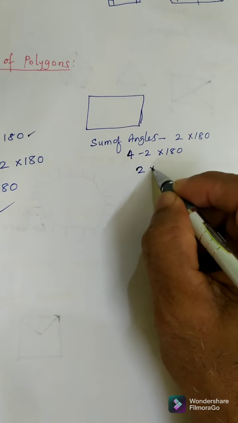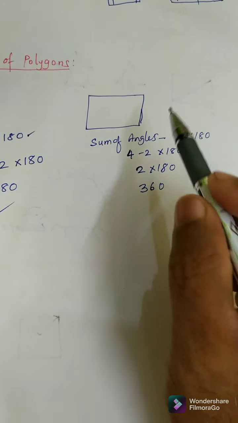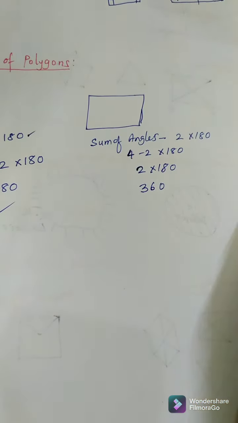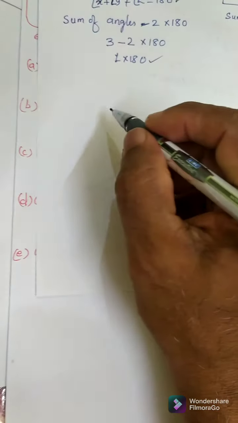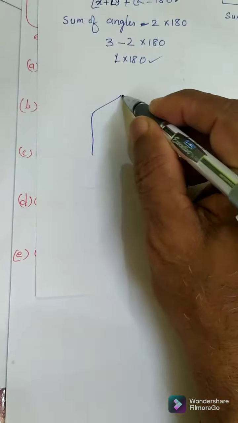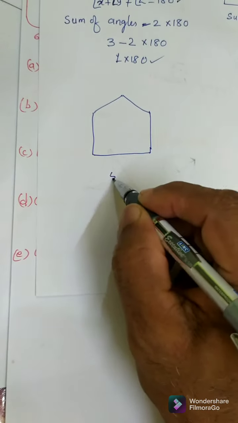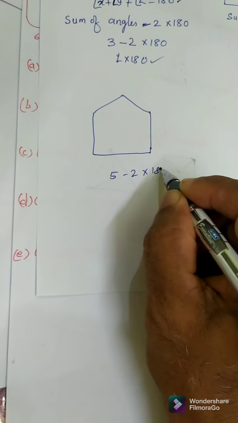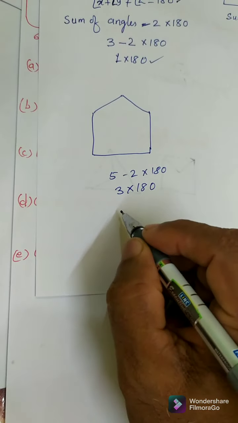So it is 2 into 180, which is 360. We know 90, 90, 180, 180, 180, 360. So it is holding good. And if I take a 5-sided figure like this, a pentagon, 5 minus 2 into 180, it is 3 into 180. How much?